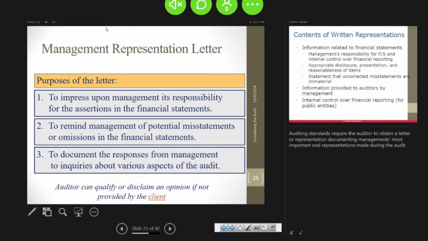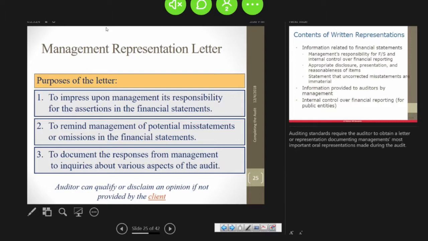So recall that inquiry of the client is an audit procedure. You can't conduct an audit without talking to the client. And yes, the auditor tries to find corroborating evidence, but management's responses to the auditor's inquiries become a part of the working papers.